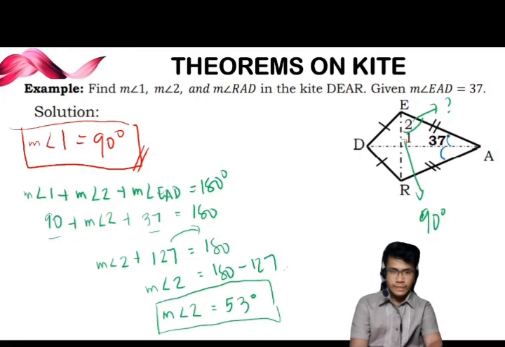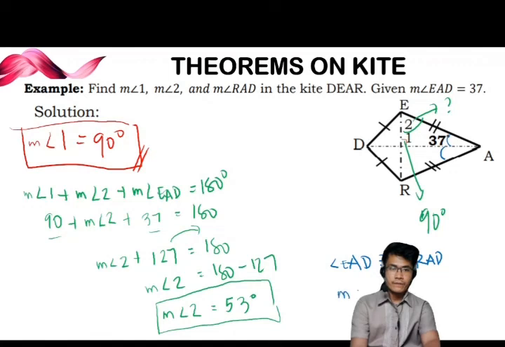Now, dahil dyan, si angle EAD is congruent to angle rad. That's why, if the measure of angle EAD is 37 degrees, therefore, the measure of angle rad is 37 degrees as well.